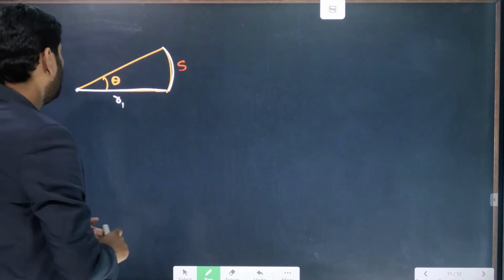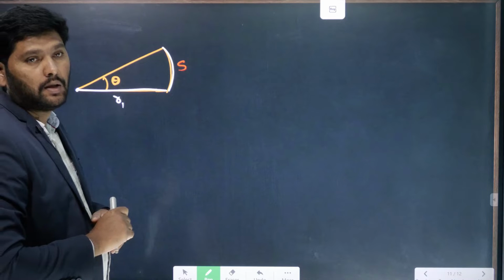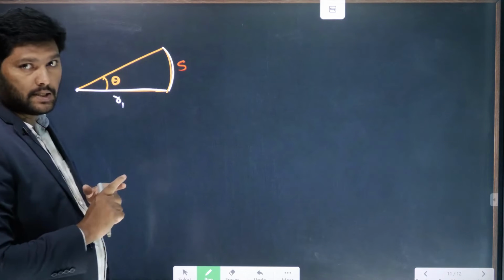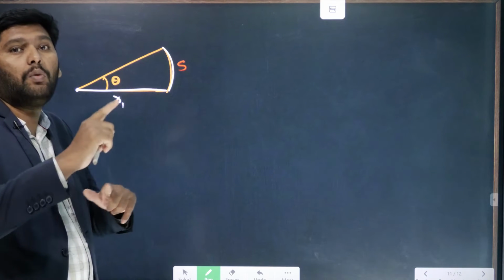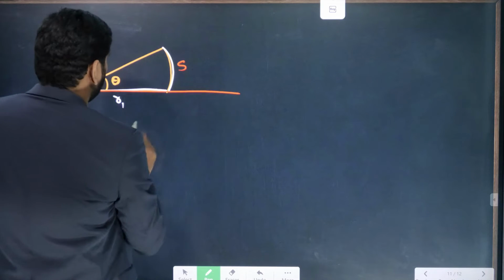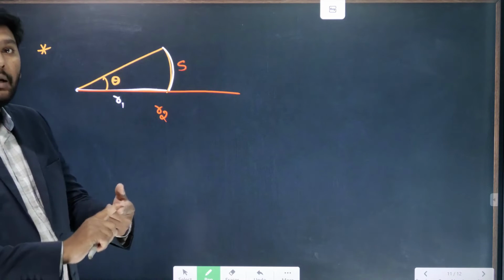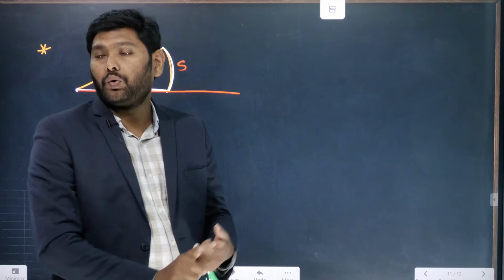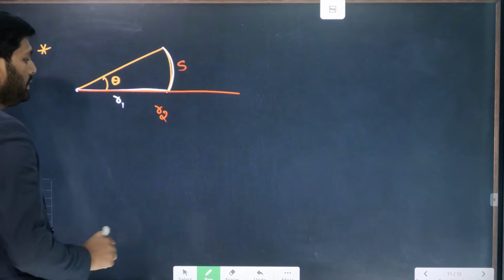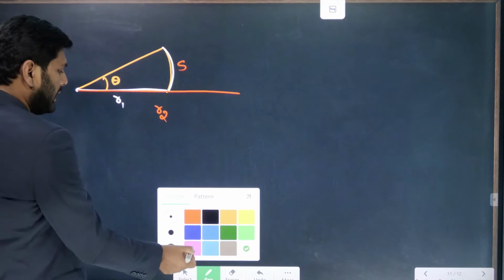Next, let me take one more radius. Here R1 is a radius, and I choose one more radius, R2. But this R2 will also make some angle.